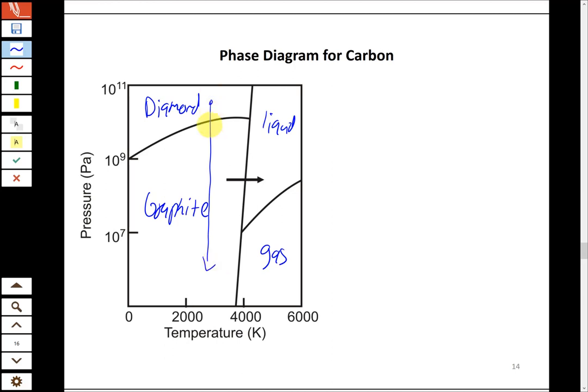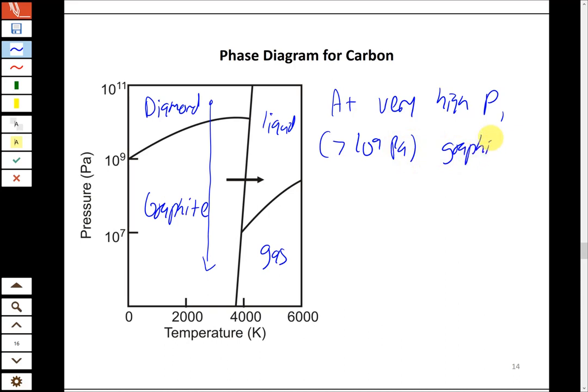So diamond is going to convert to graphite. So we notice that at high pressure, about 10 to the 9 pascals, graphite will convert to diamond, but if we let the pressure drop back down, the opposite will happen.